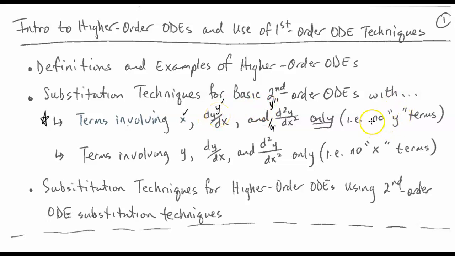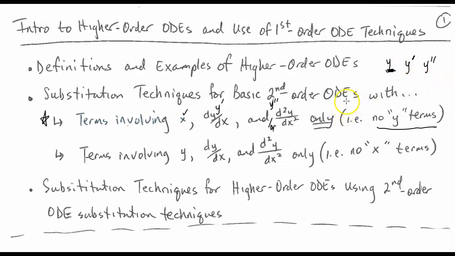Okay, and another way to think about that is you look in each term in your ODE and you see no explicit reference to y. Okay, and notice that when I say no explicit reference to y, if you see a term with y prime in it, that's different than y. Okay, if you see a term with y double prime in it, that's different than y.